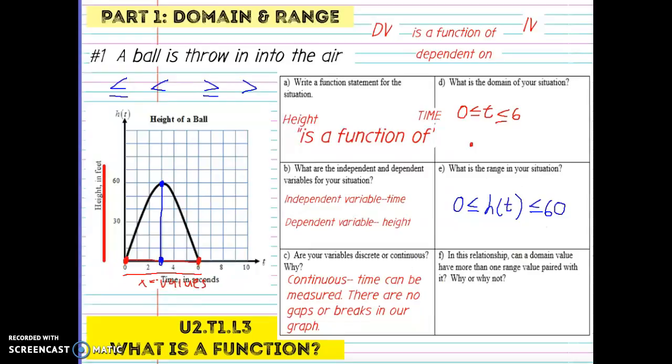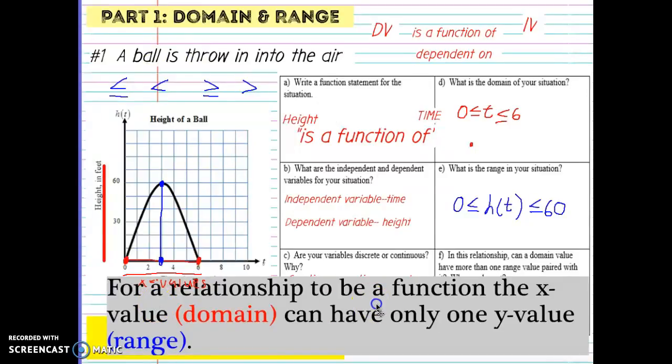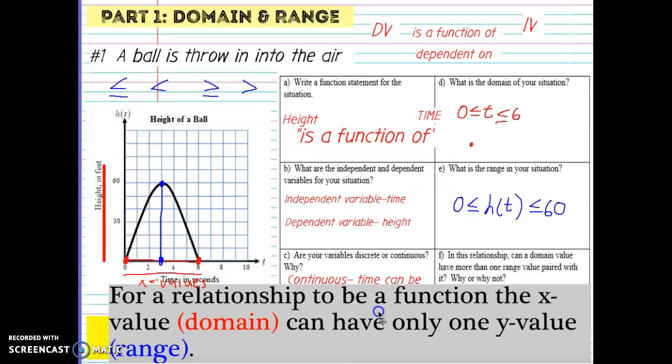Well, I have it right here from our previous class. We talked about what is a characteristic of a function. So for a relationship to be a function, the x values, or our domain here, can have only one y value, or our range.